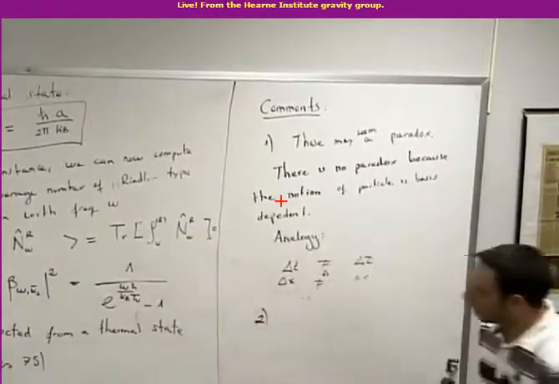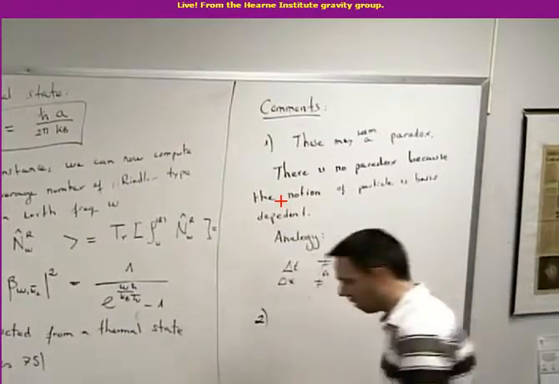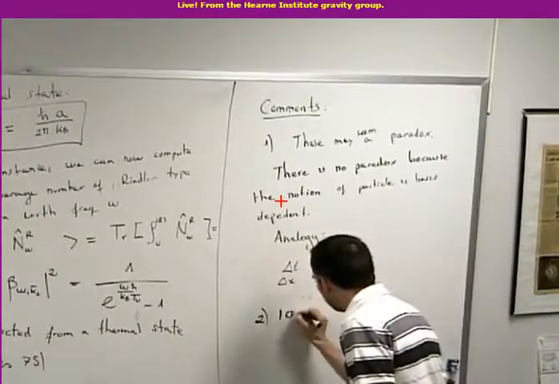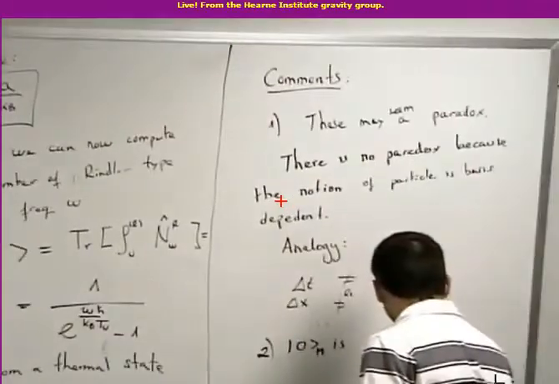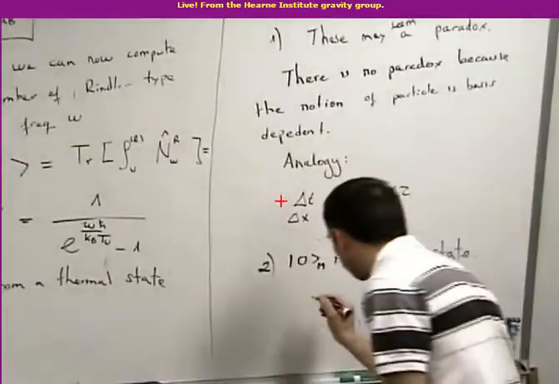And the last comment that I want to make, in preparation for the Hawking effect, is that the Minkowski vacuum is a pure state. The answer to this question is trivial, but I want to make it anyway.